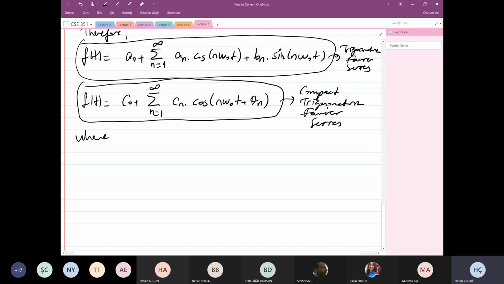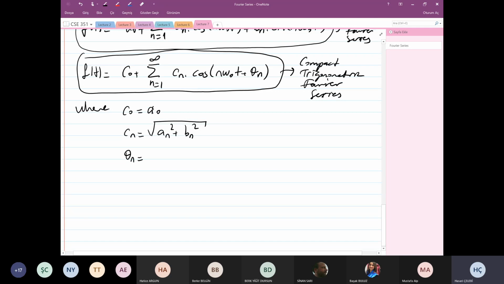What's the relationship between the compact trigonometric and the regular trigonometric? C0 is equal to A0, Cn is equal to the square root of an squared plus bn squared, and the phase theta n is equal to the arctangent, the inverse tangent, of minus bn over an.